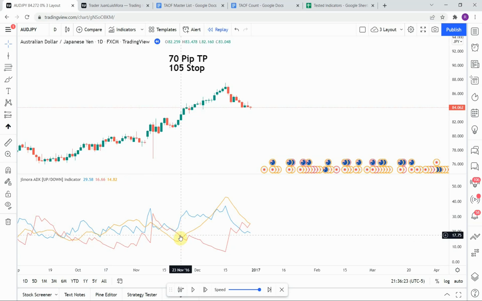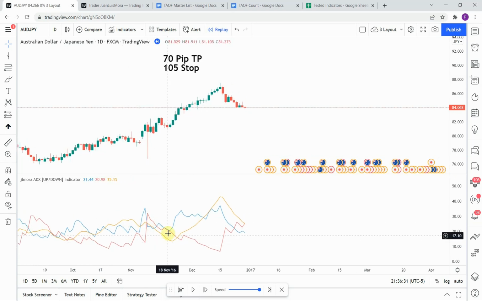The red is short-term pressure to the downside. And so the setup on this is whichever one is on top is the short-term direction at the moment. So when the blue is on top, we're looking for long trades. When the red is on top, we are looking for short trades.